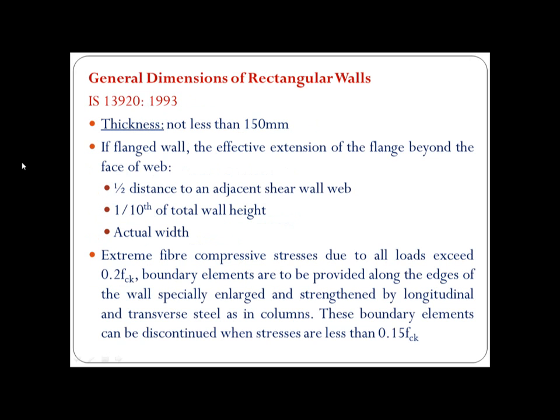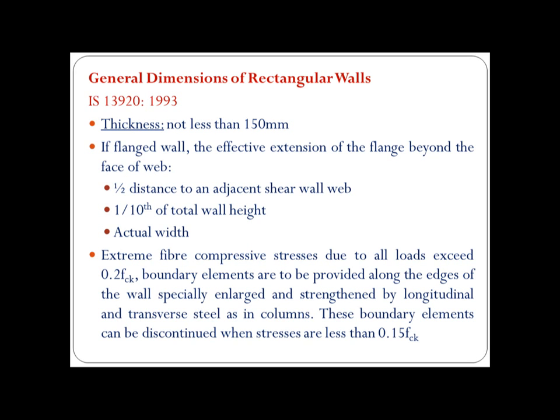Now these are the total provisions given in the IS 13920 1993 version. For thickness, we need to see that the thickness of the shear wall is not less than 150 mm, and people normally go for a maximum of 400 mm. In a flanged wall, the effective extension of the flange beyond the face of the web is given by half the distance to an adjacent shear wall web, or one tenth of the total wall height, or the actual width.